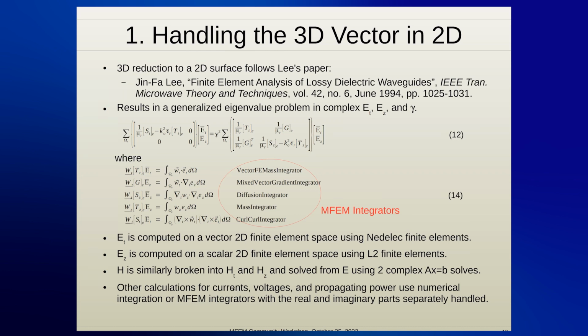Once the electric field is solved, the H field is similarly broken into tangential and longitudinal components and solved from E using 2 direct linear solves. Then all the other calculations for the currents and voltages, power, impedance, and so on, are solved using MFEM directly, where all the math is broken out into real and imaginary parts and separately calculated.